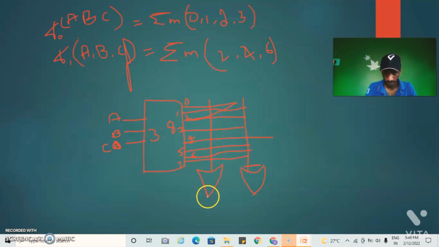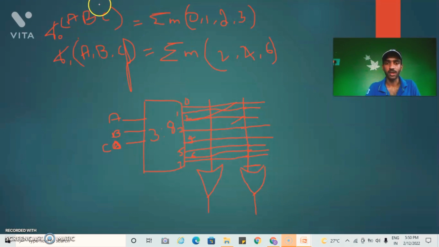I'm not good at drawing, so I hope you are managing. Just extend these lines. In the given first expression f0, the minterms m0, m1, m2, m3 should be at high state so that I can implement the given expression.